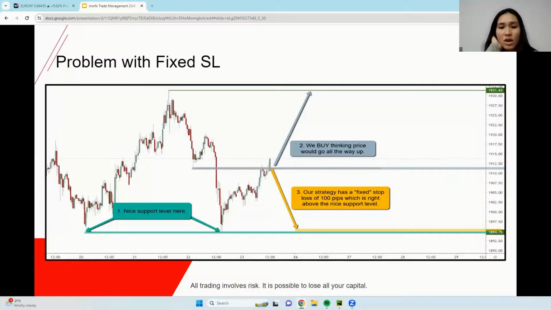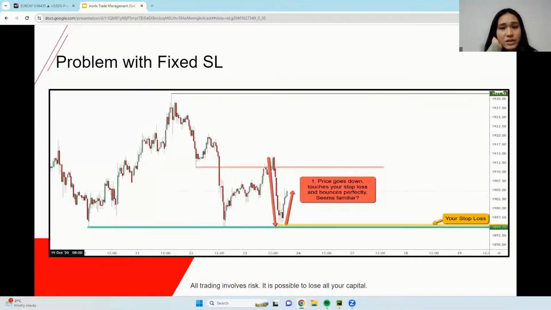Our stop loss of 100 pips is fixed at the 1894.75 level at the support level over here, this yellow highlighted area. And price goes down instead, touches the stop loss, and perfectly bounces off from the support.